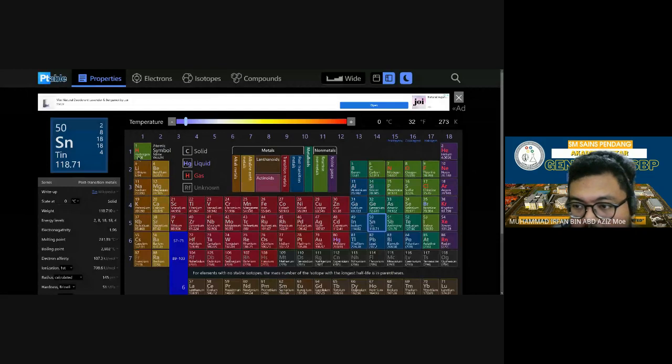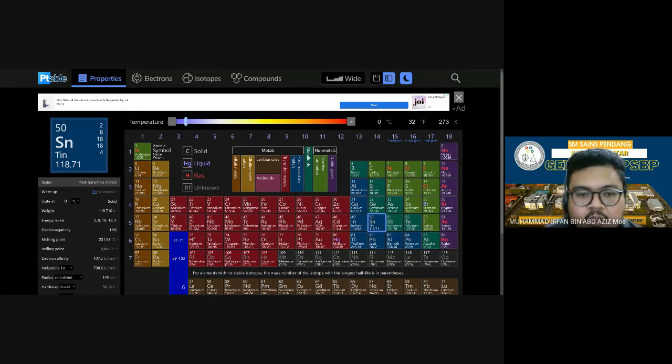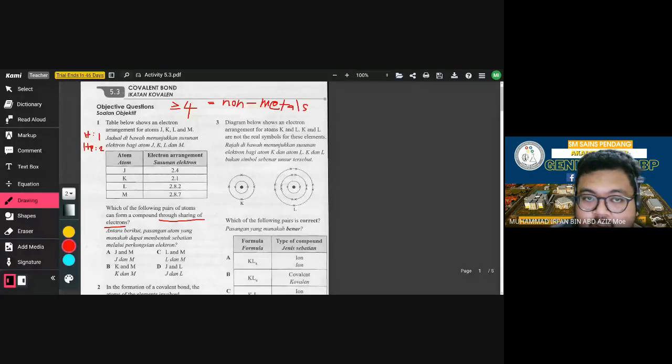But for non-metal tu basically period 3. Tin ni adalah metal. Timah kita panggil, bukan nama dia Fatimah. It is timah dalam bahasa Melayu. Alright. So remember this, for the first 20 elements, if the number of valence electron is greater than 4, it is non-metals, except H and He.